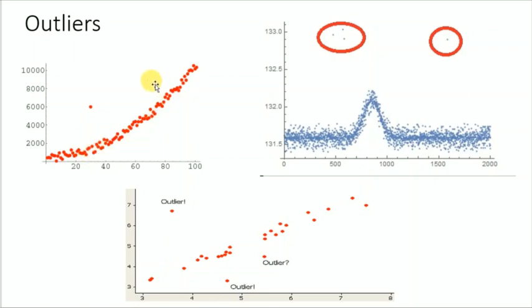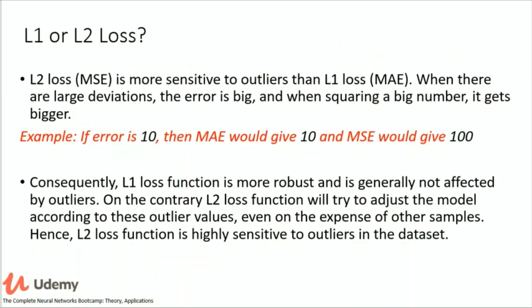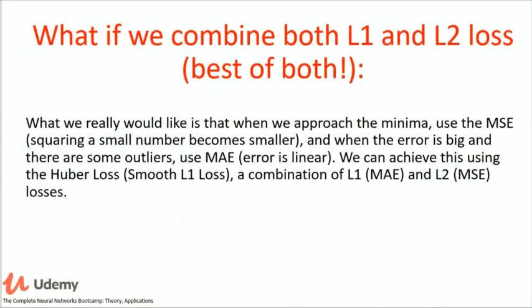So how can we eliminate this problem? By using the L1 loss. So basically we're going to combine the best of both. We're going to combine the advantage of the L2 loss and the advantage of the L1 loss into one other loss function called the Huber loss, or the smooth L1 loss. What we would like is that when we approach the minimum, we use the MSE, so squaring a small number becomes smaller.